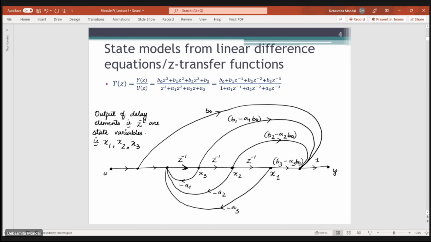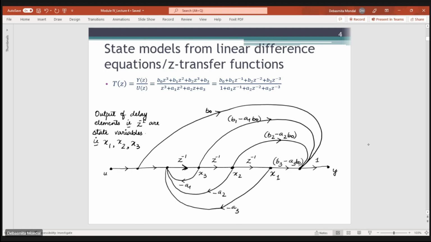So now if the transfer function of the system is provided in terms of the Z transfer function, or if you have linear difference equations, then we will see how to write the state space model from a transfer function in the form of this Z transfer function.